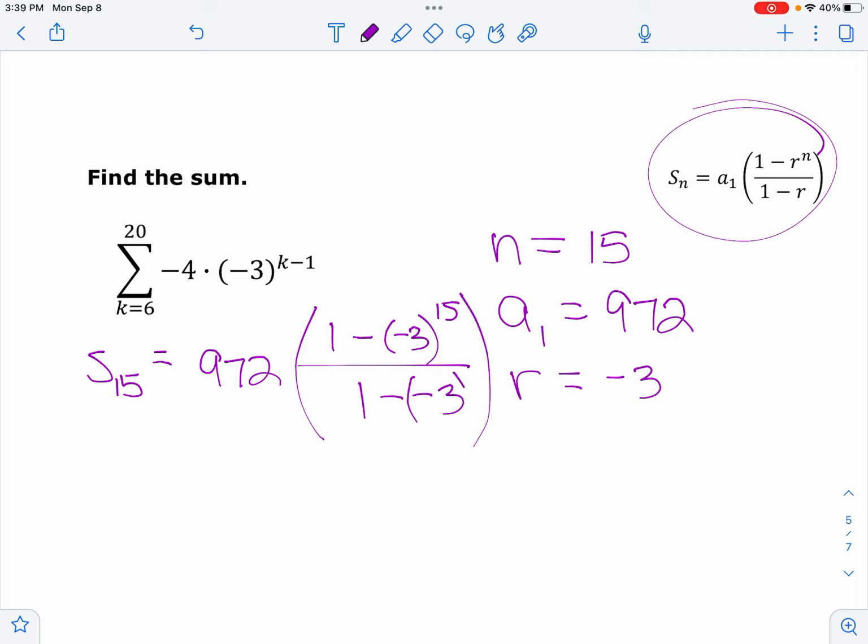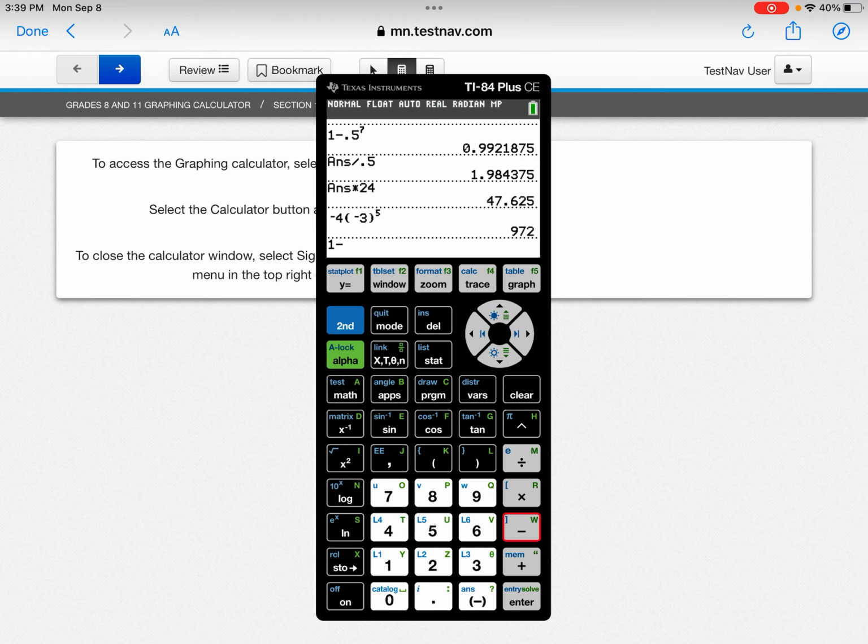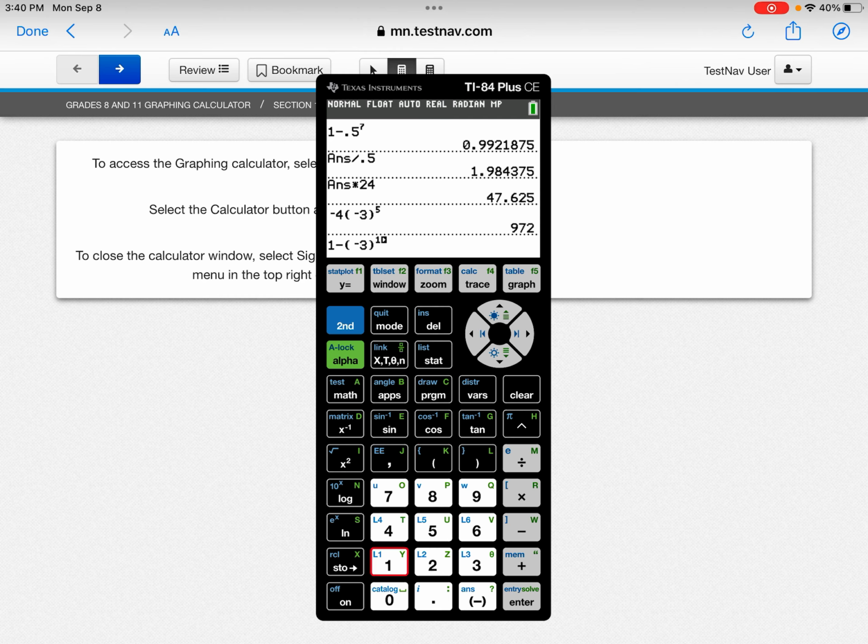Okay. The bottom is going to be positive 4. Let's figure out what the top is. 1 minus negative 3 to the 15th power. Okay, pretty big.